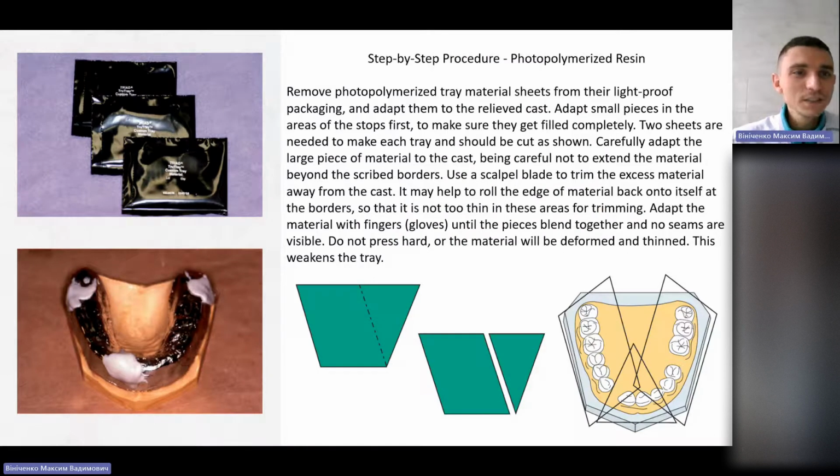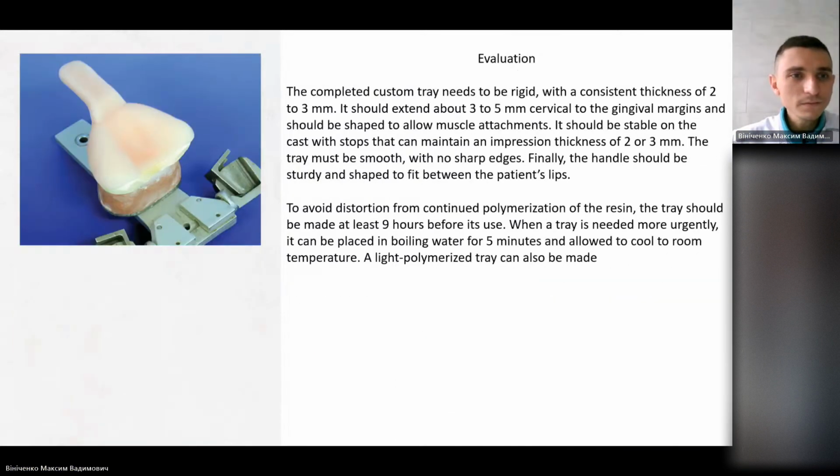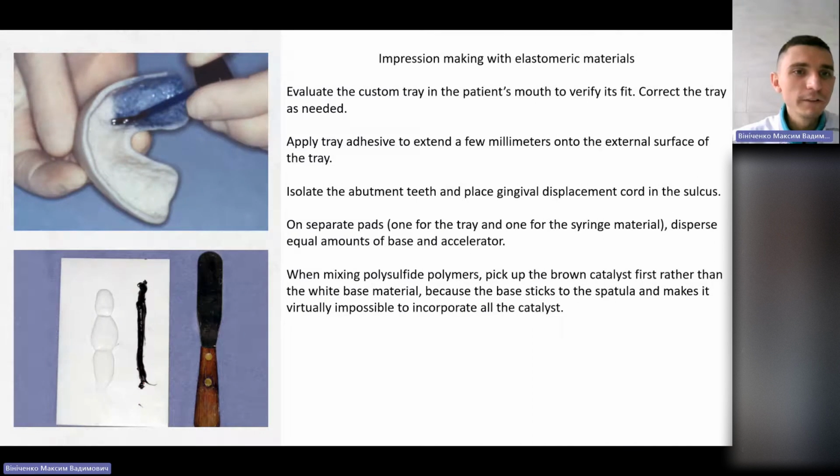So this is step by step, using photopolymerized resin to make this tray. Then the application and impression making with elastomeric materials use this tray.